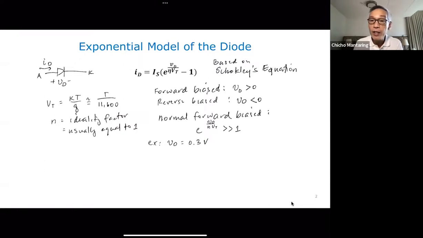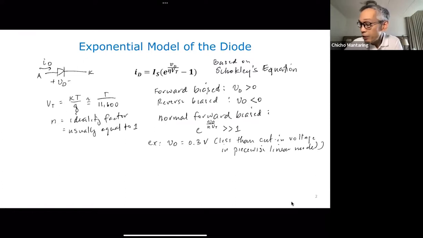Note that this is even less than the cut-in voltage in the piecewise linear model. Okay, I should emphasize that this is not a linear model because this is not a linear equation.